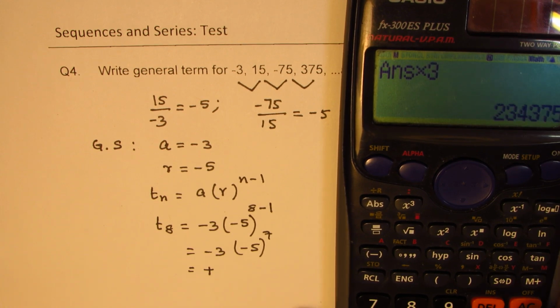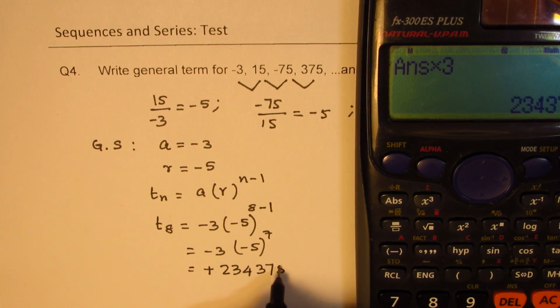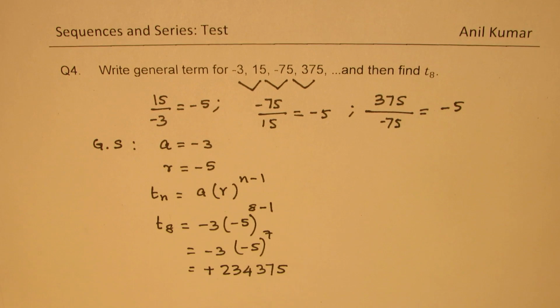So we get a very big number, which is 234375. So let's write this down: 234375. Is that clear to you? Correct? So that is how we are going to get this solution.